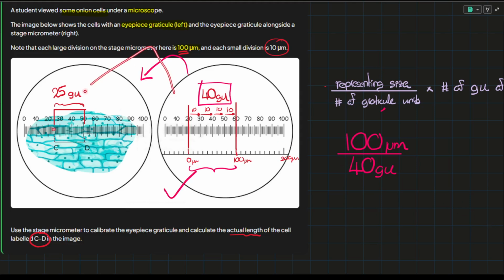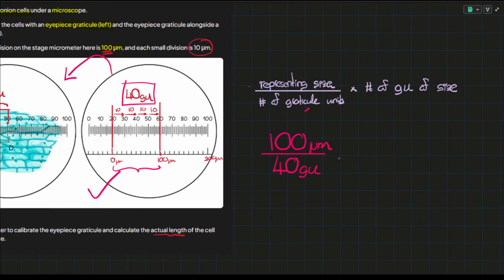Now you have to go to this and see how much this length is. So here we only have 25 graticule units. So you simply multiply by 25 graticule units. When you go for this, so 100, 0, 0, cut it out, and then you're going to get 62, right?